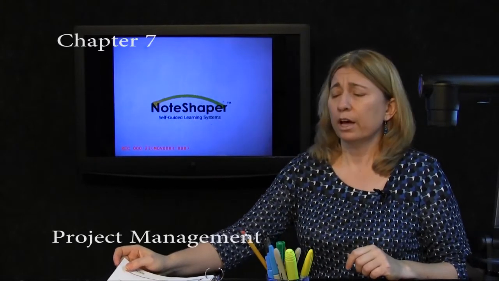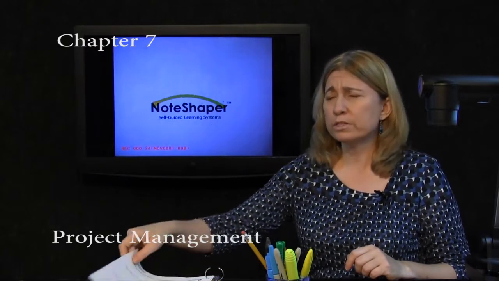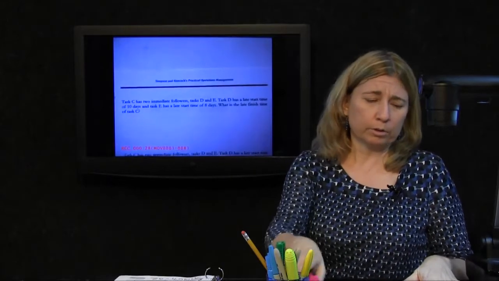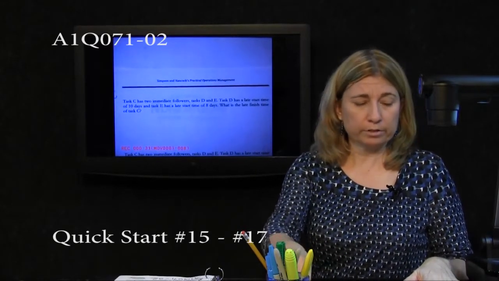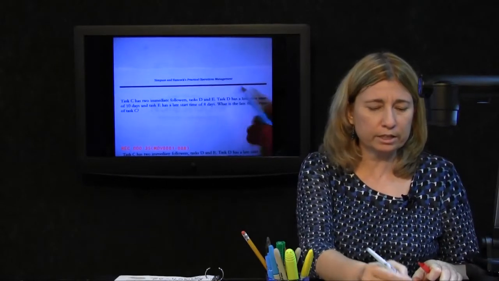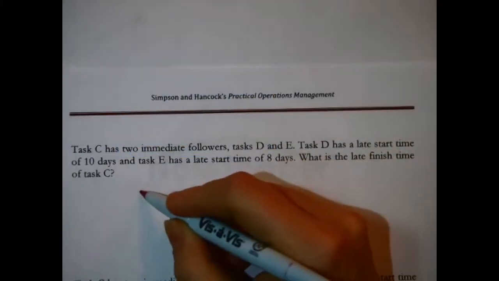Questions concerning the relationship between tasks and the resulting timing are always easier to do when you draw a picture. This problem is an excellent example of that. Task C has two immediate followers, task D and E. Might as well draw this.